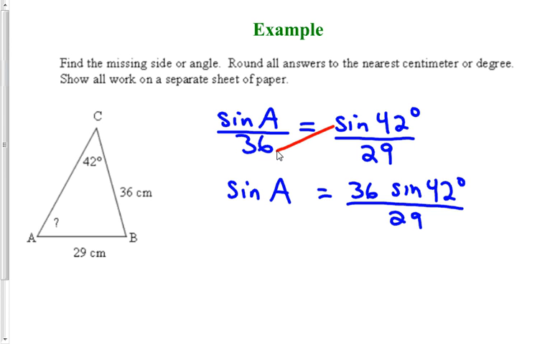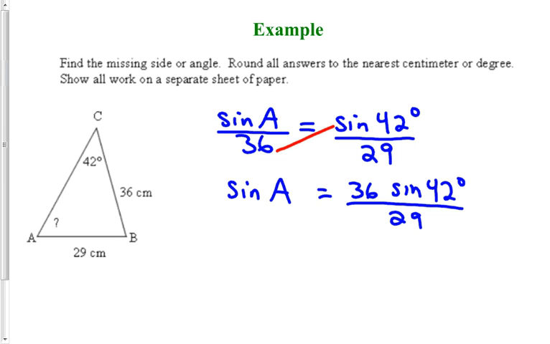It would be totally unnecessary to multiply 29 times the sine of A, because then you're just going to have to divide by 29 on both sides and put that 29 right back where it came from. So save yourself 2 steps and just do half of the cross multiplication.